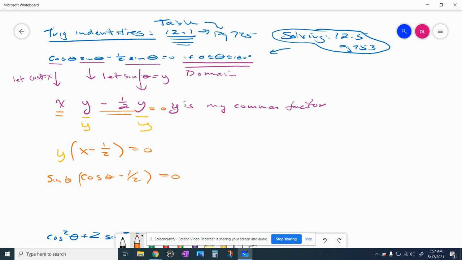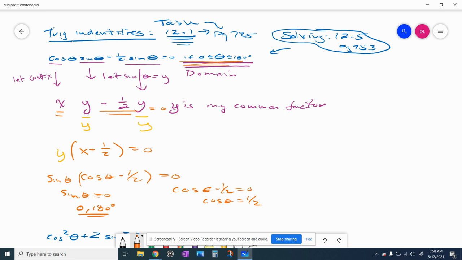And so at this point, I can set each factor equal to 0: the sine of theta is equal to 0, and the cosine of theta minus 1/2 is equal to 0. So we get the cosine of theta equals 1/2, and the sine of theta equals 0. So then we go, okay, from 0 to 180, where is the sine of theta 0? Well, its answer is at 0 and 180 degrees, which fits in our domain.